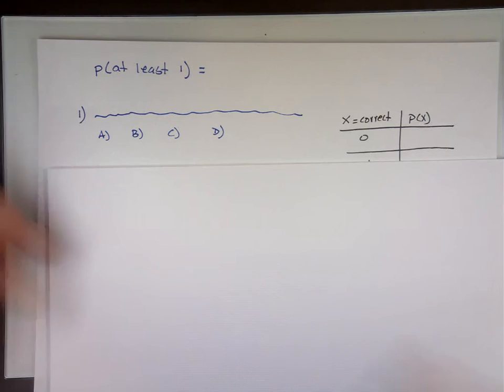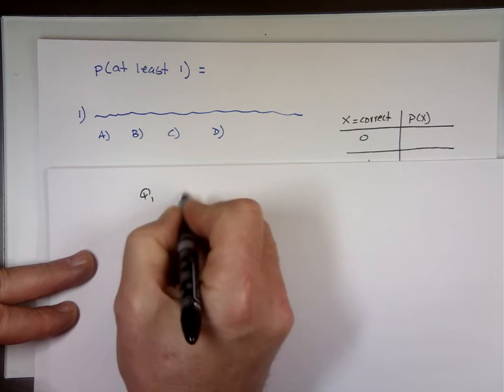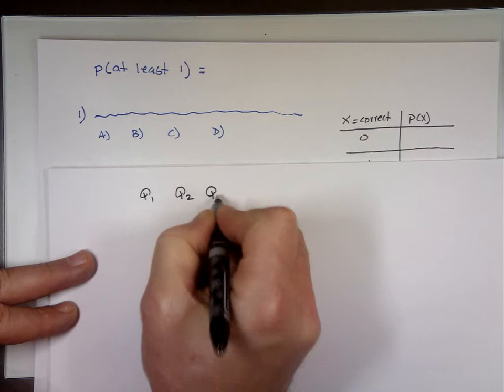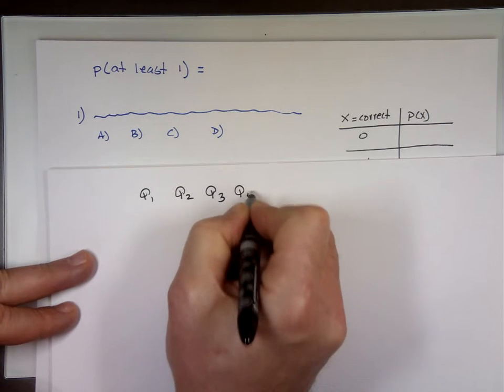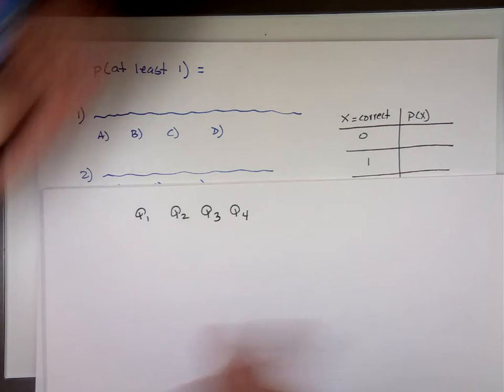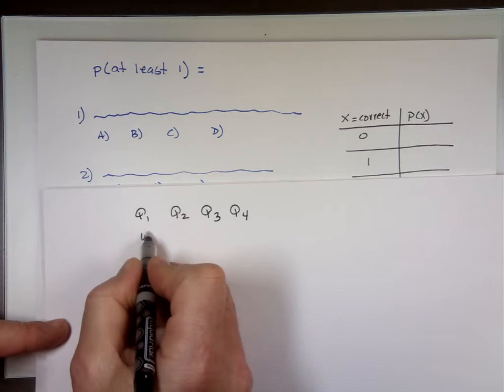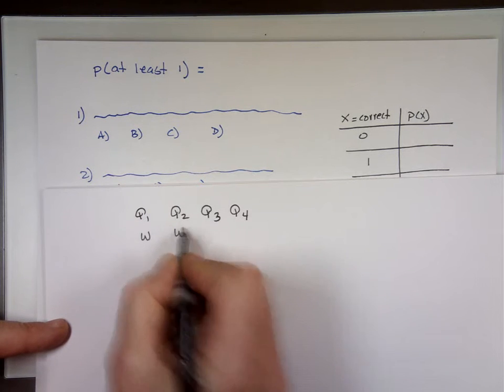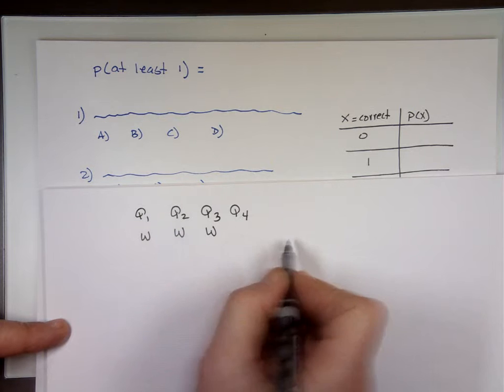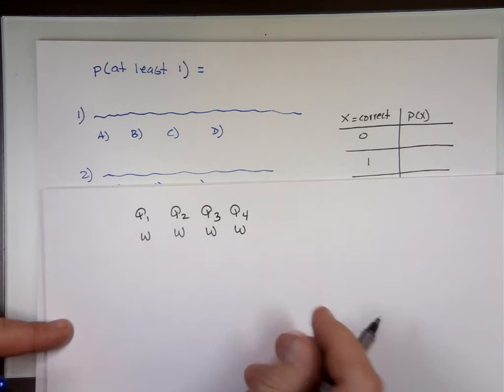So what you're telling me, Scott, is that question number 1, question number 2, question number 3, question number 4. To get 0 on that test, that means question number 1 was wrong, question number 2 was wrong, question number 3 was wrong, question number 4 was wrong.